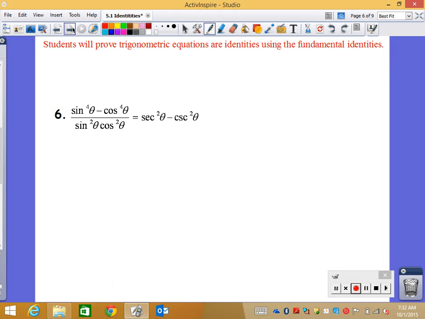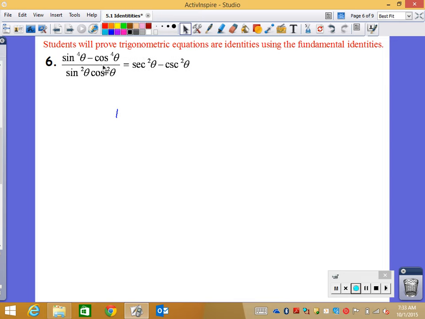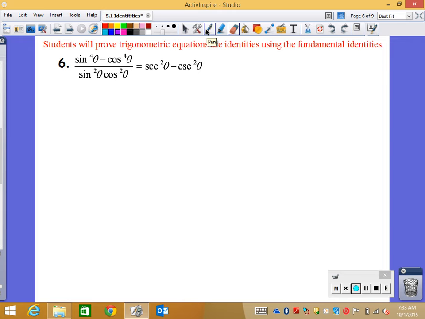Let's try one more. Now you'll notice on the left, I've got sine to the fourth minus cosine to the fourth. I'm going to move this up just so I get more room. What I would do is rewrite sine to the fourth minus cosine to the fourth as a difference of perfect squares.